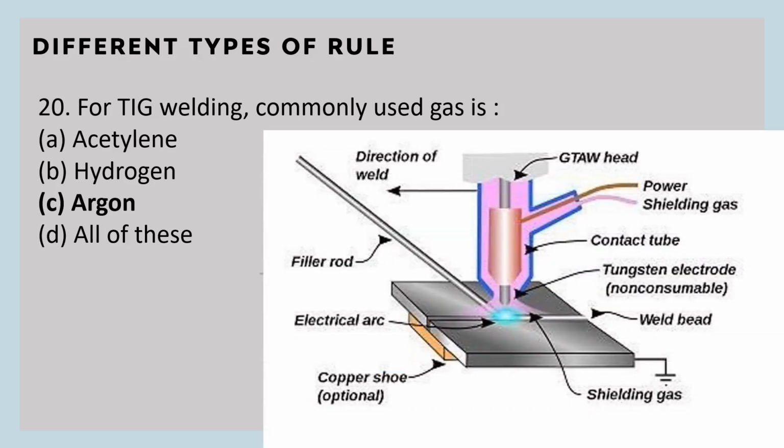You can observe the TIG welding image here. This is the tungsten electrode. I'm not gonna mark anything in the image, you may get confused. Just look at the representation, you may understand.